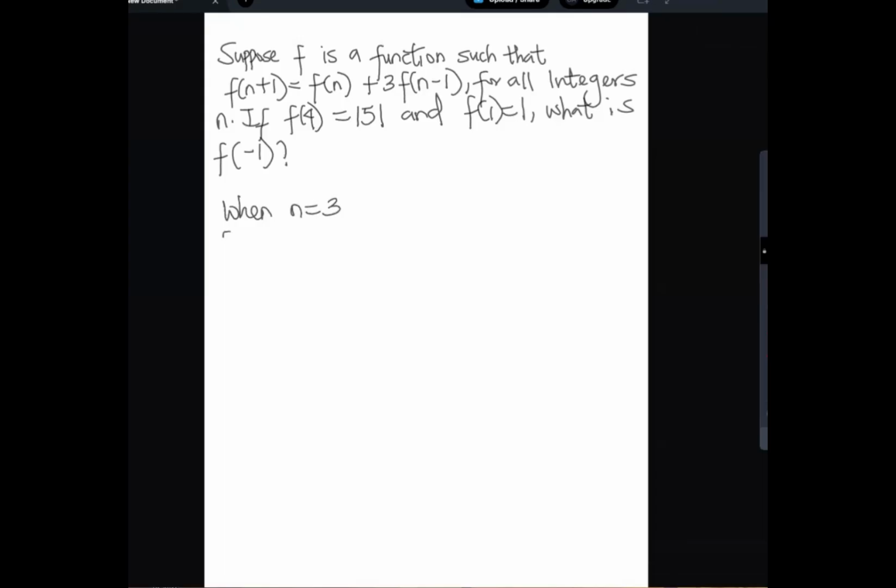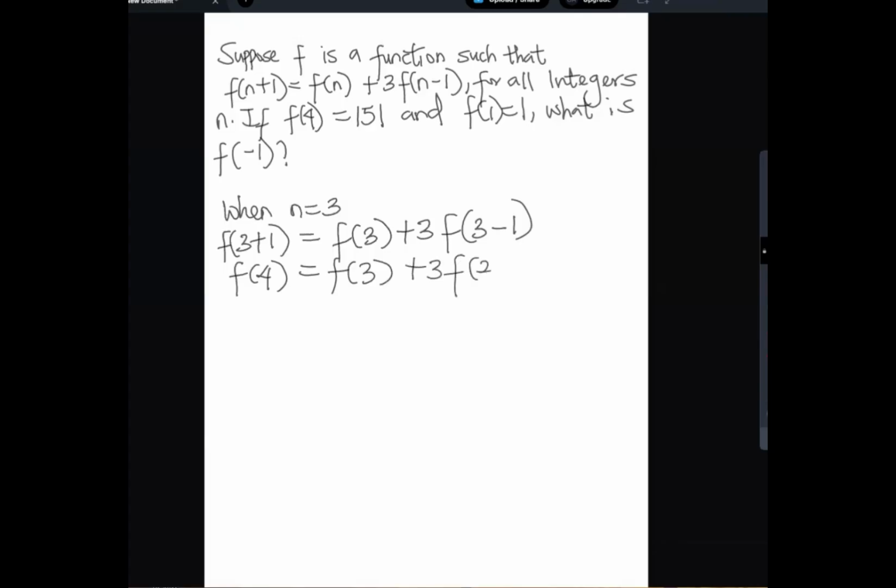It becomes f of 3 plus 1, which is equal to f of 3 plus 3 f of 3 minus 1. So f of 3 plus 1 happens to be what? f of 4, which is equal to f of 3 plus 3 f of 2. That's for that.